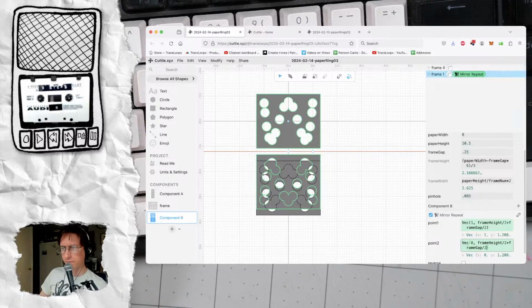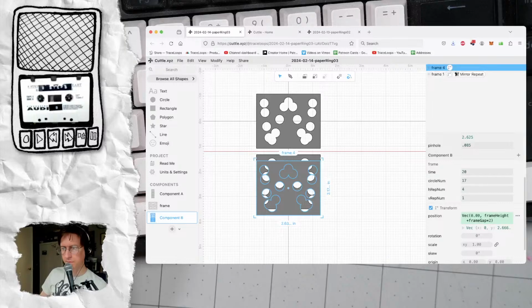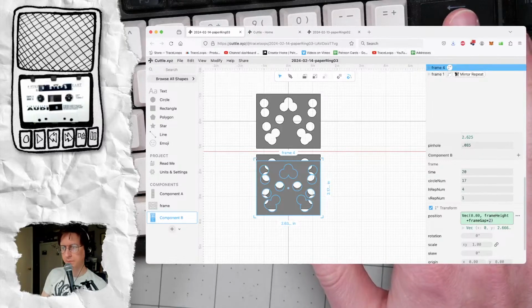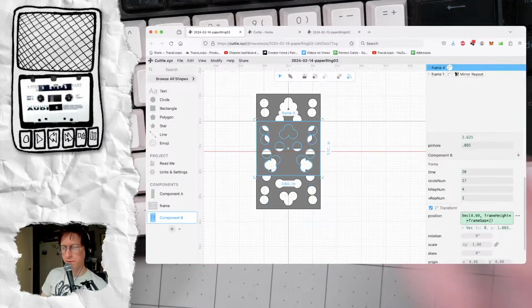It's a mirror thing. Okay. Frame height plus frame gap. Frame height times 2.